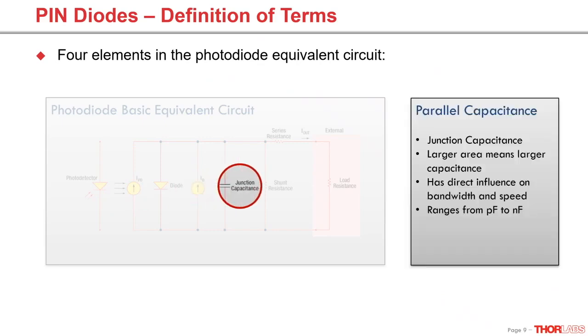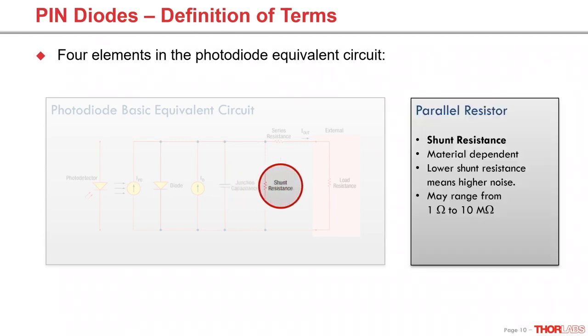Going further, there is a junction capacitance parallel to the current source, associated with the PN junction. It strongly influences the photodiode's frequency response. The larger the active area, the larger the junction capacitance, and the lower the photodiode bandwidth.